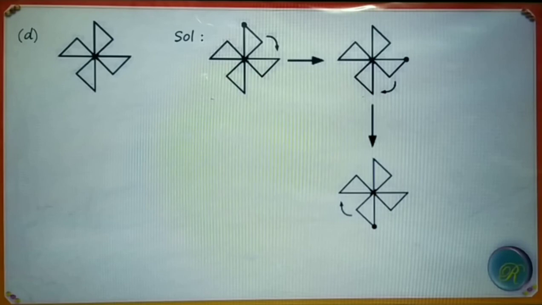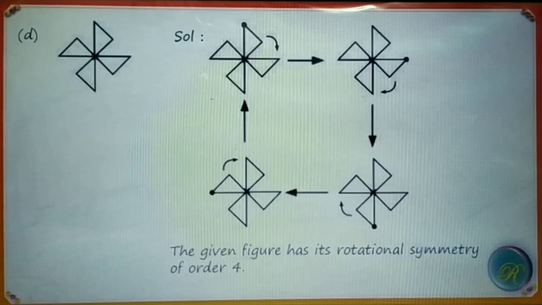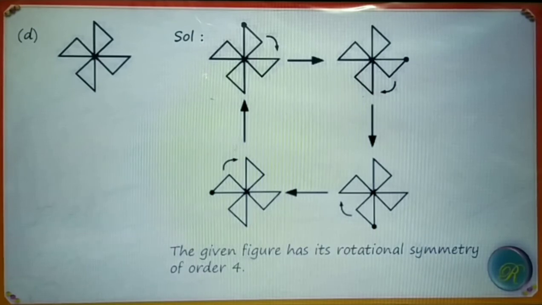Again, by 90 degrees, we get this figure. Once again, by 90 degrees, we get the original position. Therefore, the given figure has its rotational symmetry of order 4.